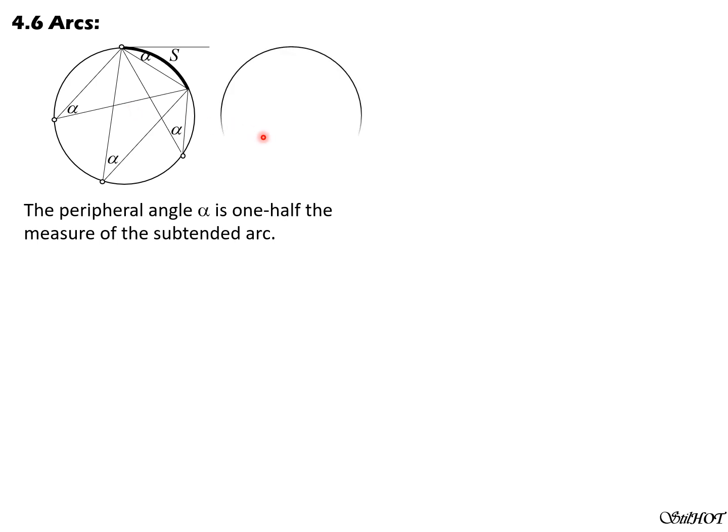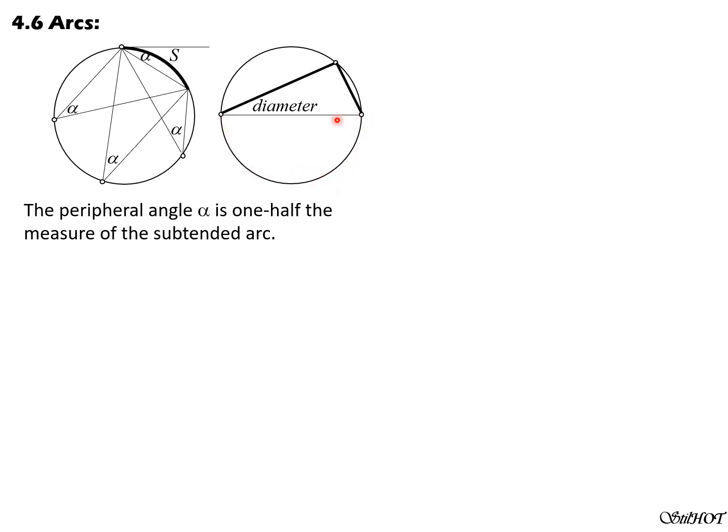Then chords from a point on the circle to the ends of the diameter are always perpendicular to each other. We already showed this, and we simply apply this principle also, so that we have chords that are perpendicular and they are joined to the ends of the diameter. Because the center is here, the central angle is 180 degrees because it subtends this semicircular arc.